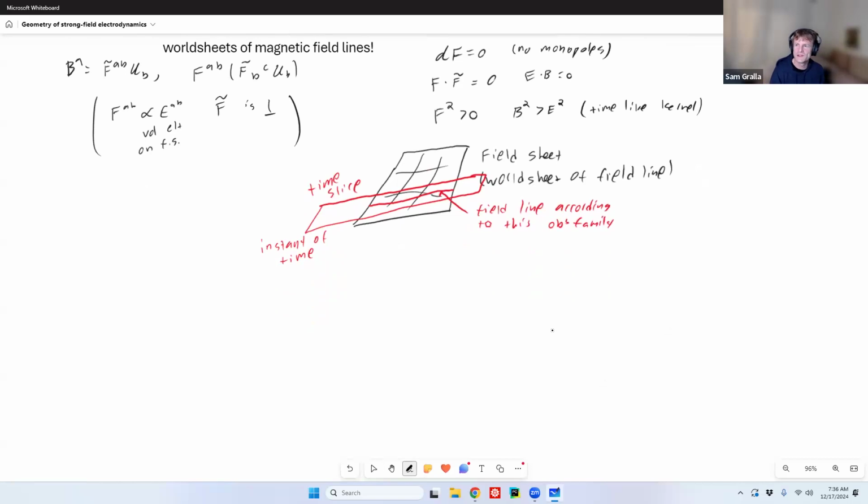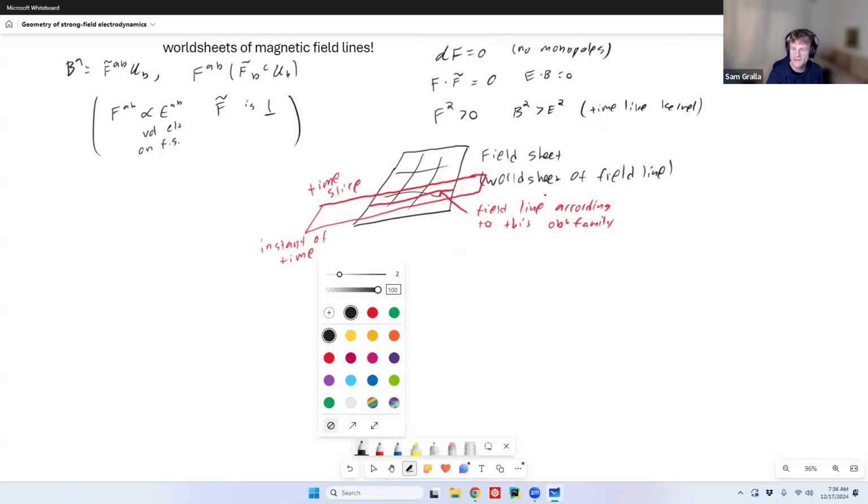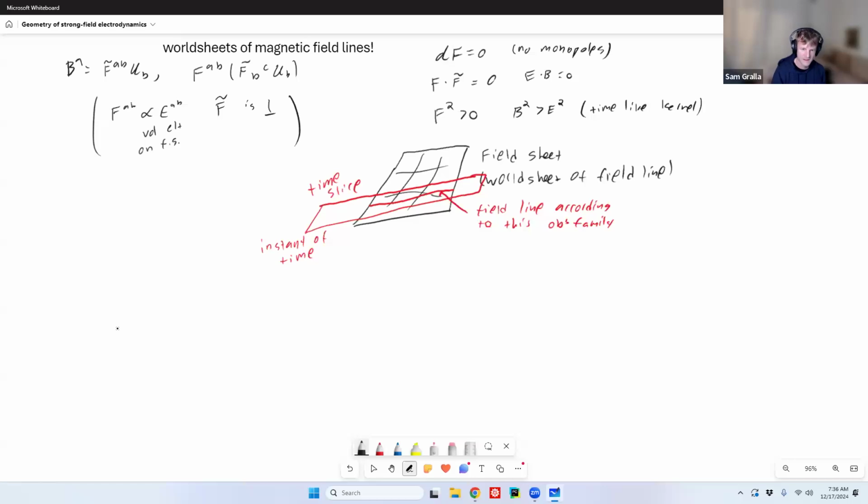So let me give you some intuition for how we use this sort of thing in astrophysics. So Kurt Michael found a nice solution. Let's look at a force-free solution. And it's like this. The field strength is B naught.